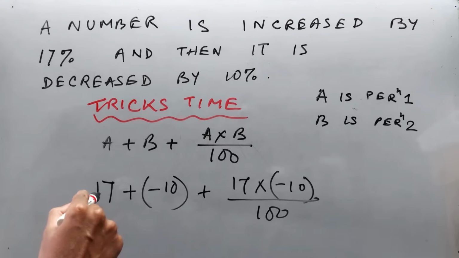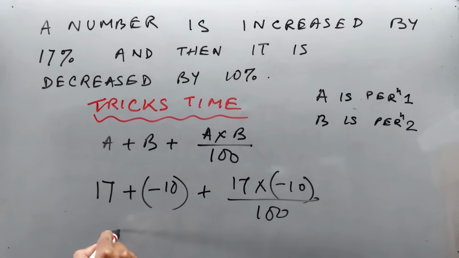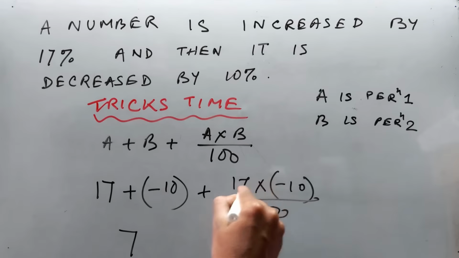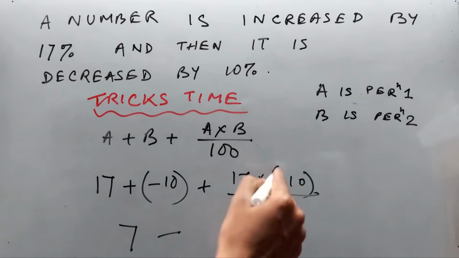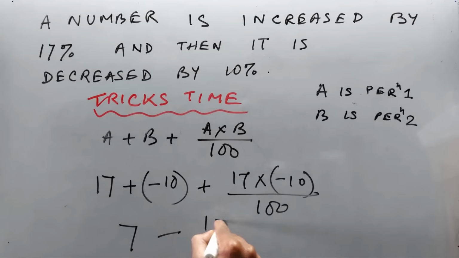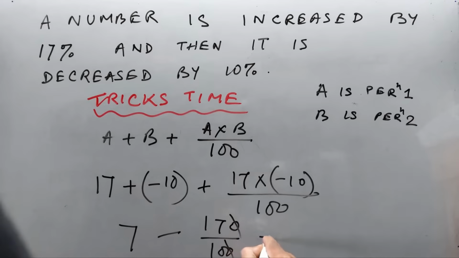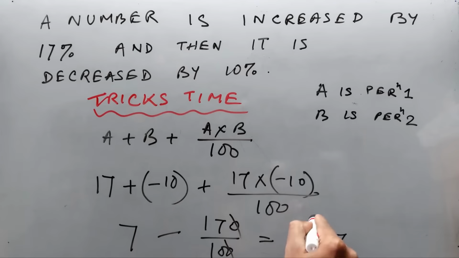Now this is 17 minus 10, therefore 7. And here minus, right? 170 over 100. We know this. This is 1.7. 7 minus 1.7 is 5.3. This is your answer. Easy?